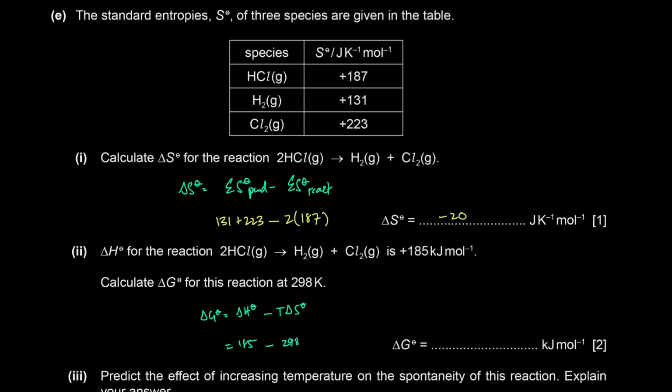We want to calculate in kilojoules per mole, so we convert the entropy change, that's minus 20, into kilojoules, so that will be divided by 1000. So to 3 significant figures, the Gibbs free energy change is 191 kilojoules per mole.